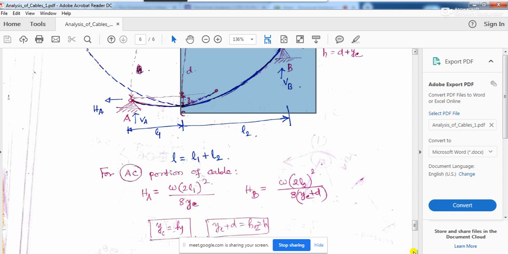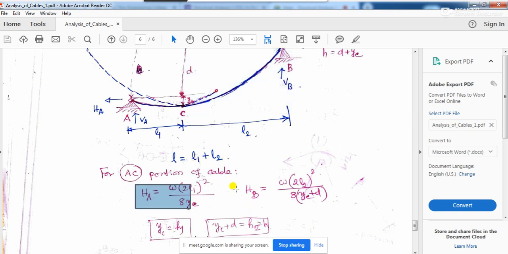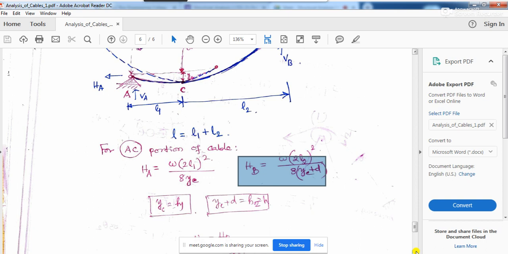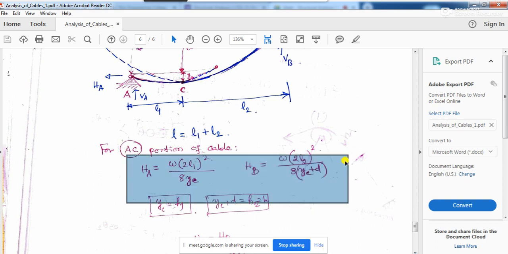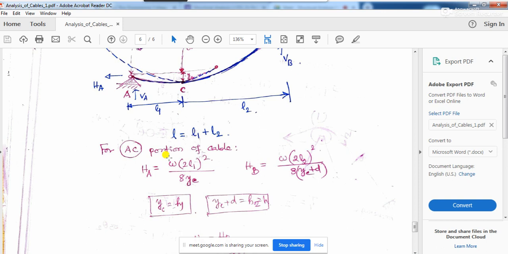If you solve those three equations, you get the final values for HA and HB. But if you want to do that, you will land up with bigger solutions. When solving the problem, you must remember from some analogy, and using the analogy you can easily write it for this portion of the cable.